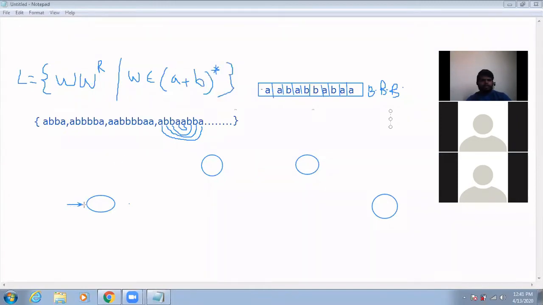It is the initial state, and we take the names like Q0. These are all common, and I am not going to repeat every time because it takes time. So Q1, Q2, Q3.